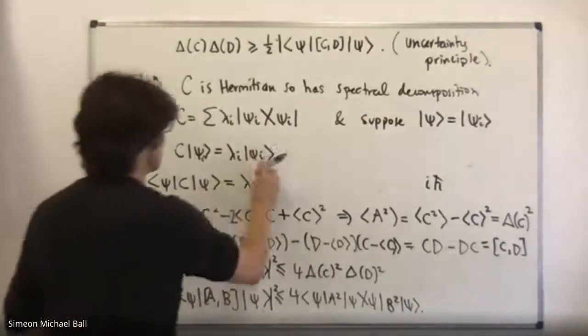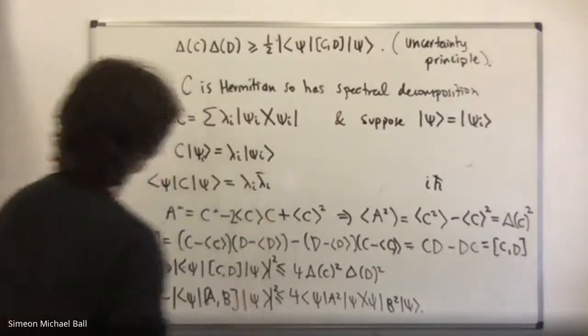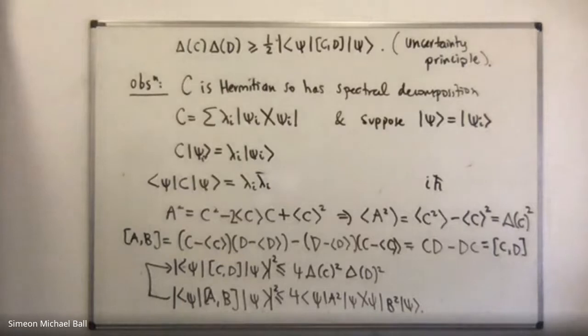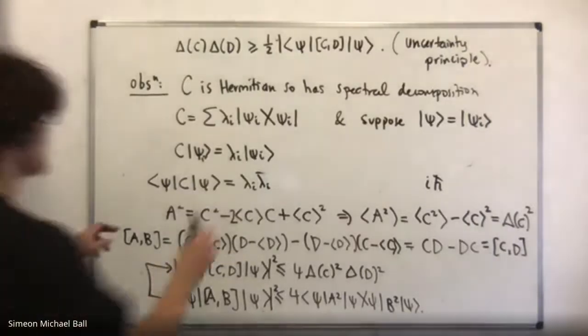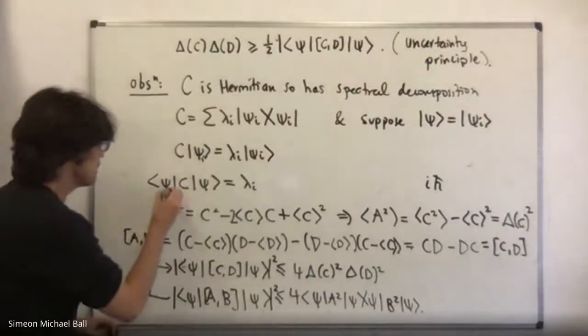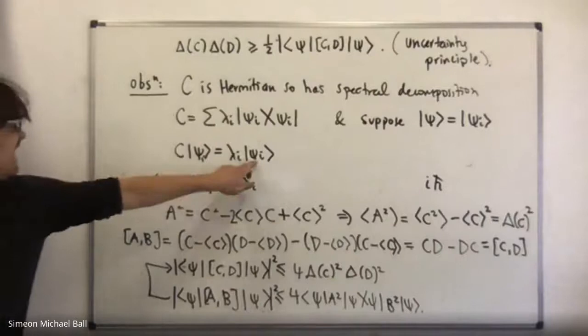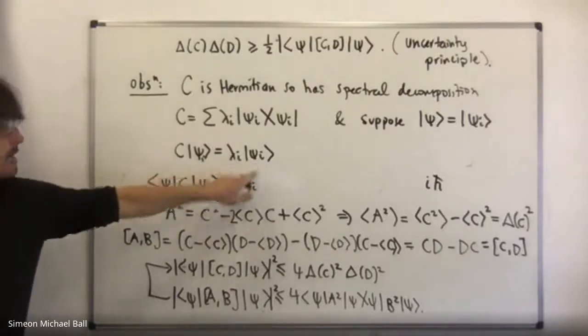Oh, sorry, no, it's just lambda I, because then I just get psi I, which is a unit vector, so I just get the lambda I.